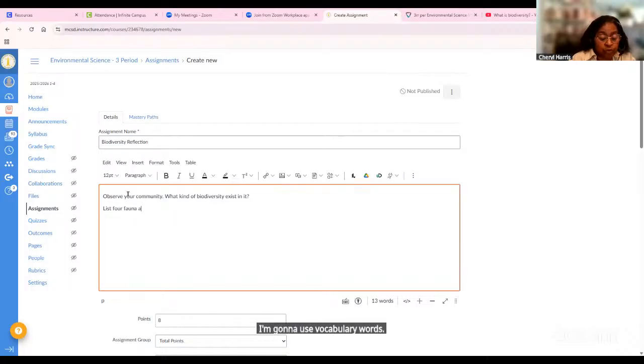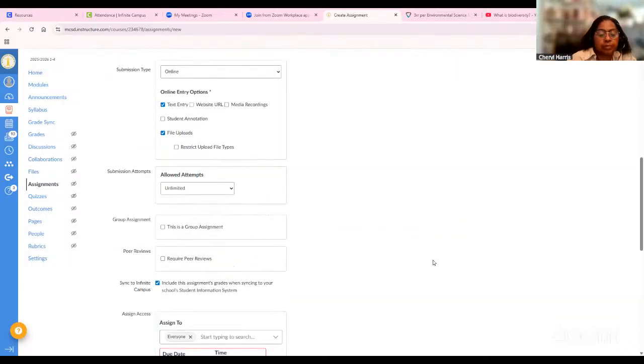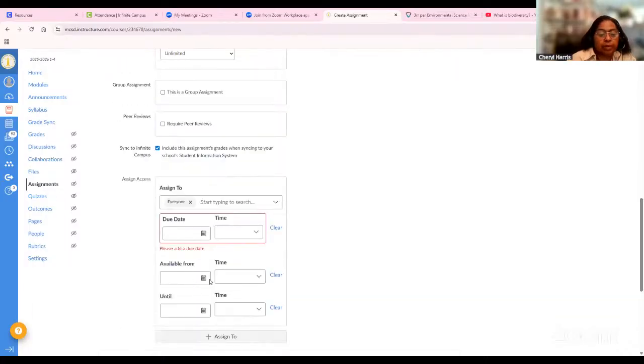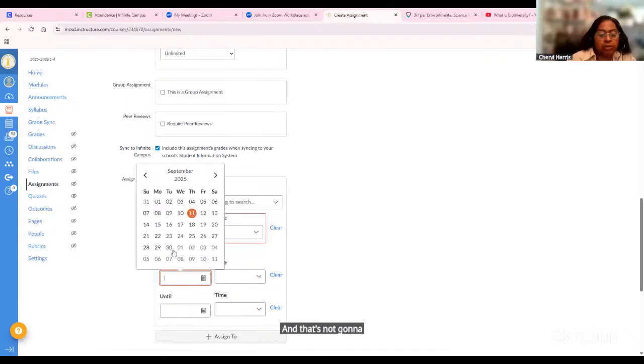Fauna and flora. Fauna are the animals, flora are the plants. And that's not going to be available until Monday.